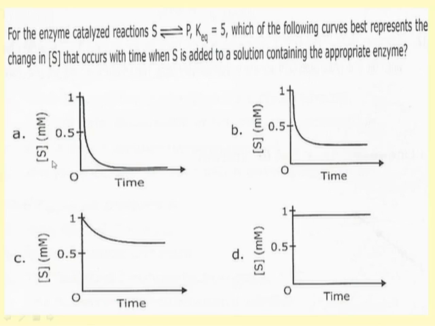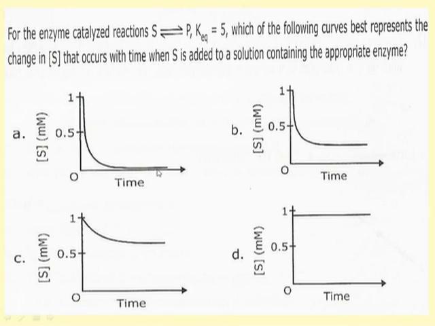We see that the substrate concentration with respect to time is plotted in all the options. The question is asking how the substrate concentration changes with time when the substrate is mixed with the appropriate enzyme and the reaction has a K equilibrium of 5.